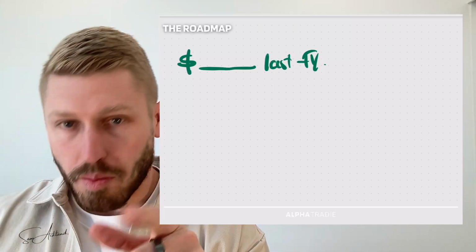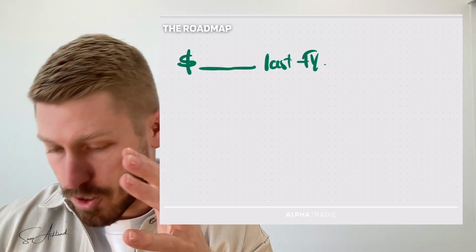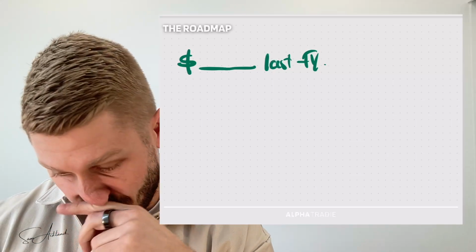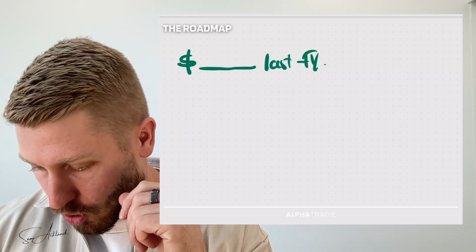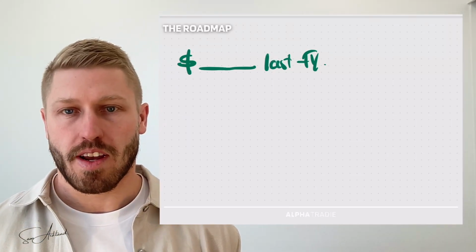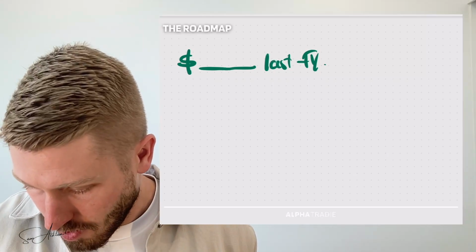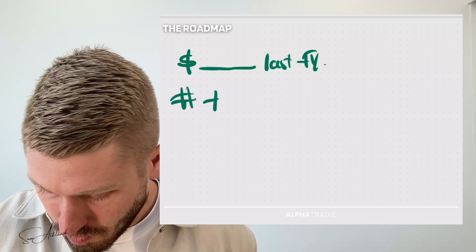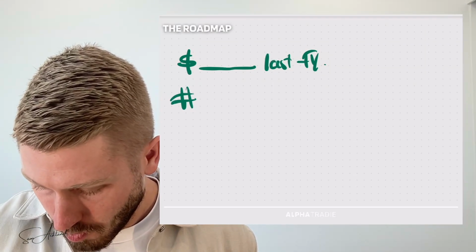Once you've got that, and you'll be pulling that from 0 as well, we've got our revenue from last financial year. Now we want to look at how many team members were in the team for the last financial year. So we're going to go number of team or number of people.